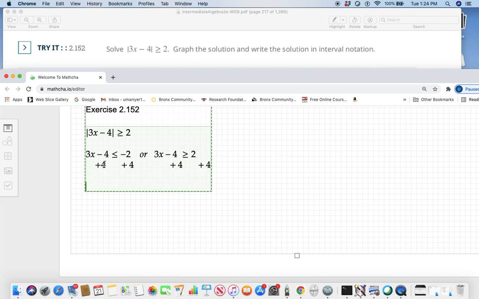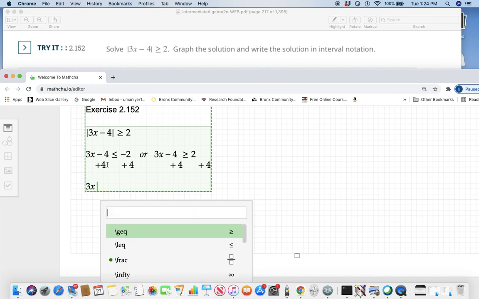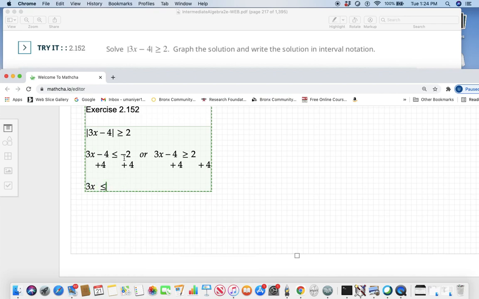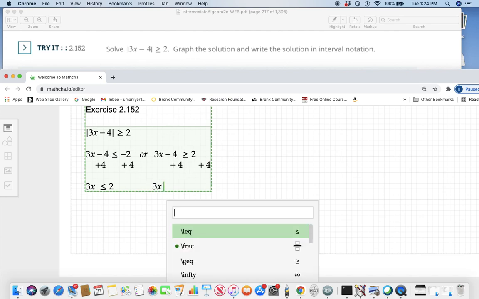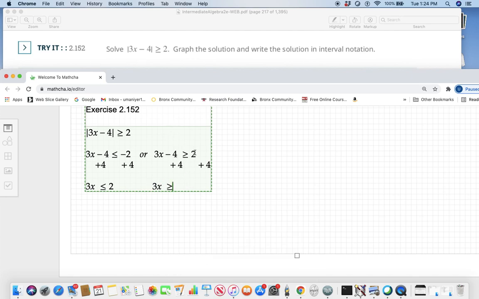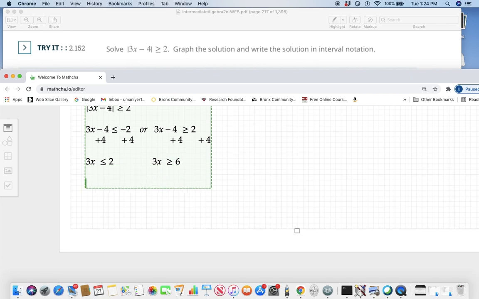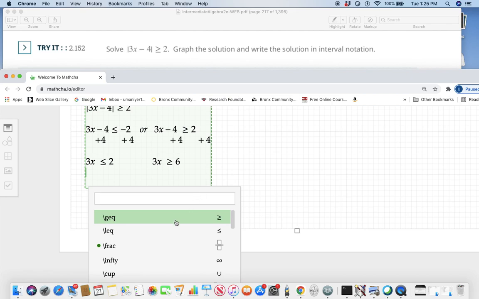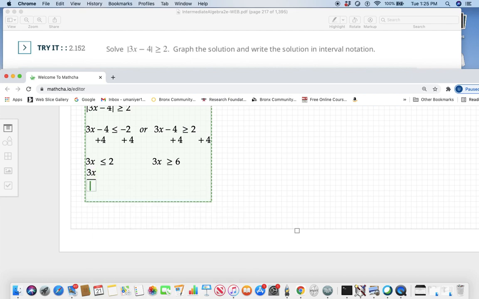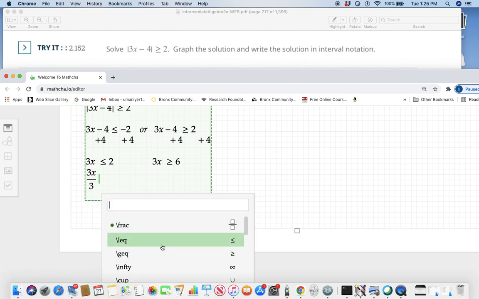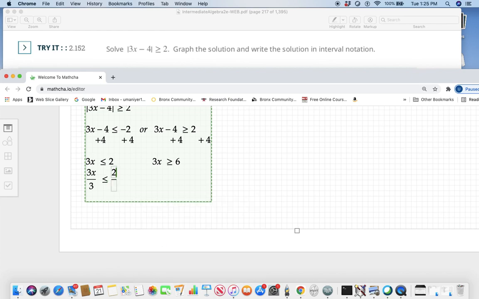Alright, these two cancel. 3x less equals negative 2 plus 4 is positive 2. Over here, these two get cancelled. Greater equals 2 plus 4 equals 6. Alright, at this point, divide by 3. 3x over 3 less equals fraction 2 over 3.